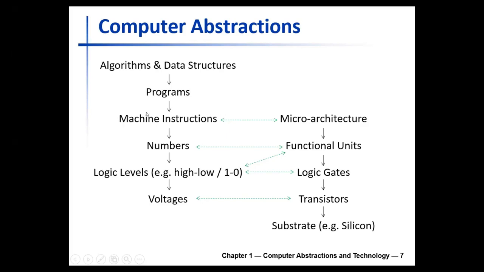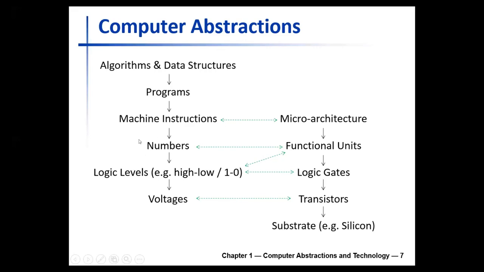Machine instructions in turn can be represented using collections of numbers. The machine instructions you will learn in due course have a sequence of different numbers that represent a machine instruction and give meaning to that machine instruction, right?